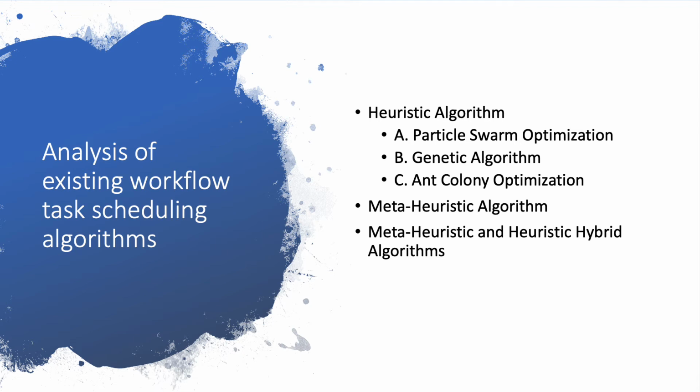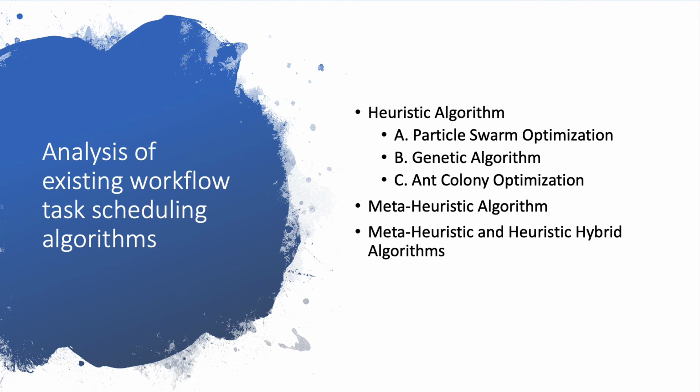Ant colony optimization. This algorithm is an optimization algorithm based on animal behavior research. It has strong advantages such as robustness, positive feedback, and self-organization. Meta-heuristic algorithm. A meta-heuristic algorithm is a promoted version of the heuristic algorithm.